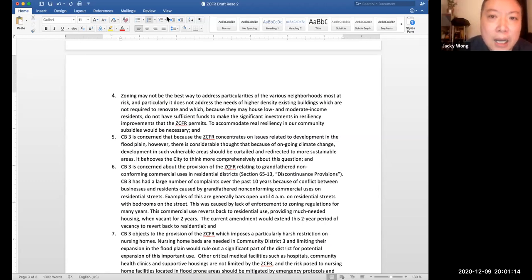How about this, Herman? If we add, to accommodate real resilience improvement or resilience construction in our community, subsidies would be necessary. Would that be more specific for you? Or is it too redundant?